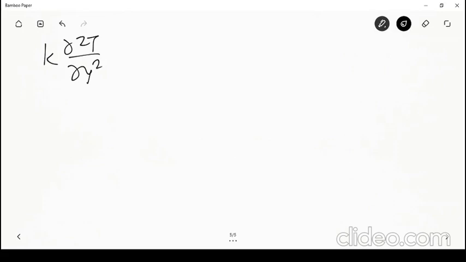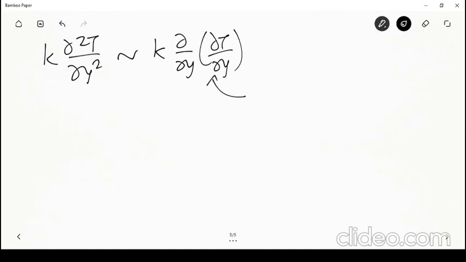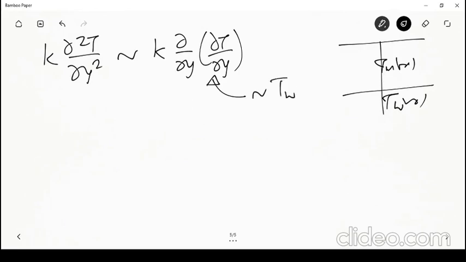What happens to the right hand side? The k times ∂²T/∂y² is the term that we have on the right hand side. This is of the order of, let's keep the k, ∂/∂y of ∂T/∂y. And for this ∂T/∂y, since the flow is across this, I can say Tm is the temperature in the interior and T wall is the temperature on the surface at any given x.